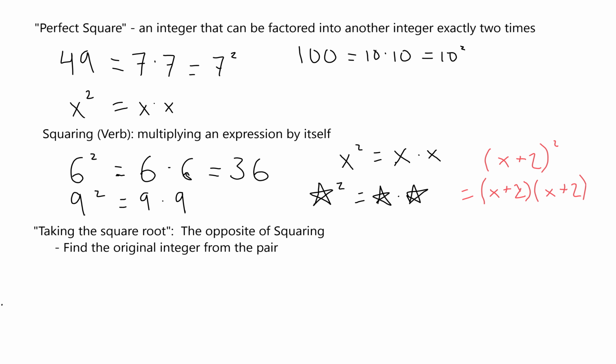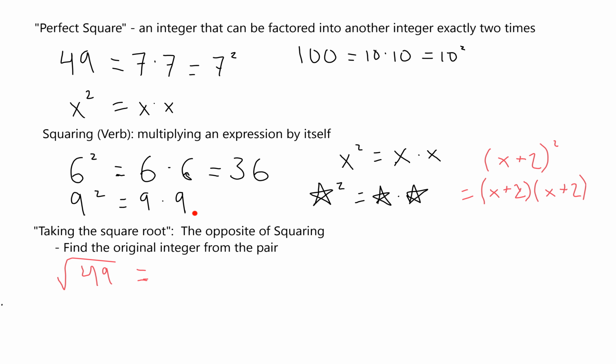So what if we wanted to find the square root of 49? Well, we want to see if we can find the original integer from this pairing idea. Okay?